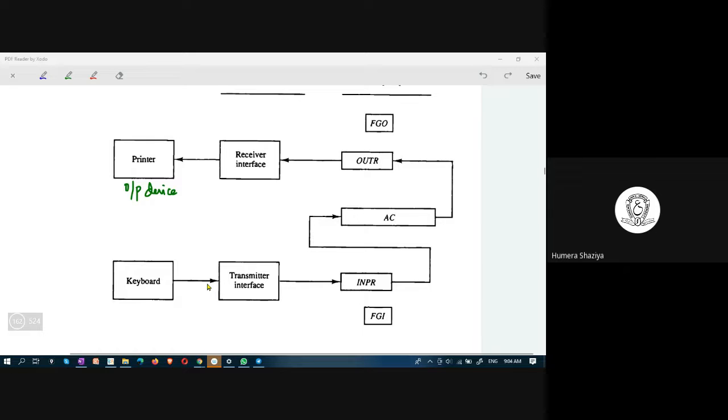The accumulator gets the value from the input register, whereas the accumulator gives out the value to the output register. The input register INPR is also connected to the transmitter interface, which further is attached to the input device.